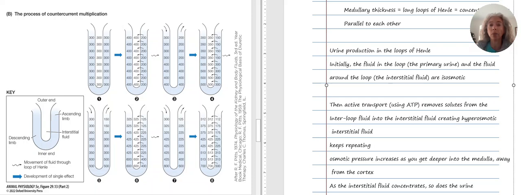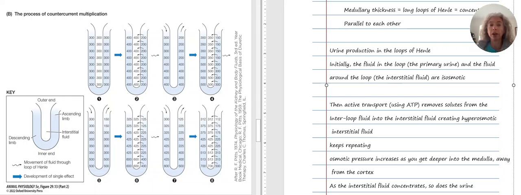You end up with a concentration gradient in the interstitial fluid from the top, closer to the cortex, to the bottom, closer to the renal pelvis. So osmotic pressure will increase as you get deeper into the medulla, away from the cortex. You can see that in this final interstitial fluid of this loop of Henle down in number 8.